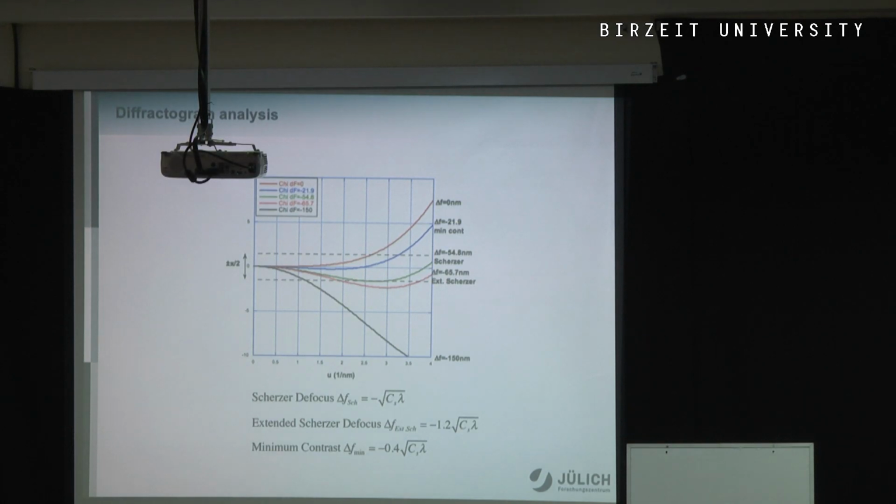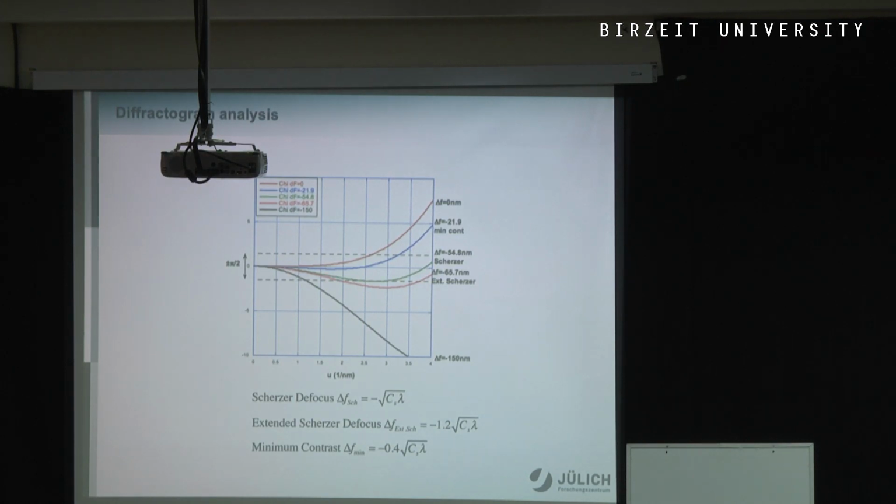Now, I mentioned before that in the aberration function, the two lowest order terms correspond to the defocus and the spherical aberration. One of them is quadratic in spatial frequency, and one of them goes as the spatial frequency to the power fourth.